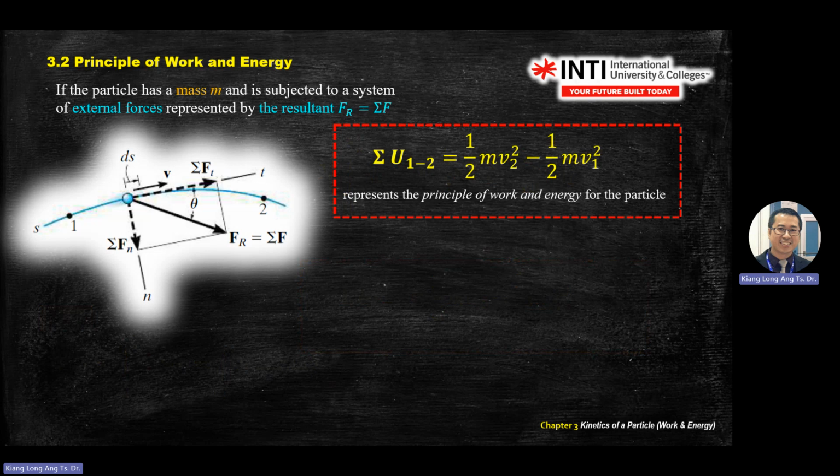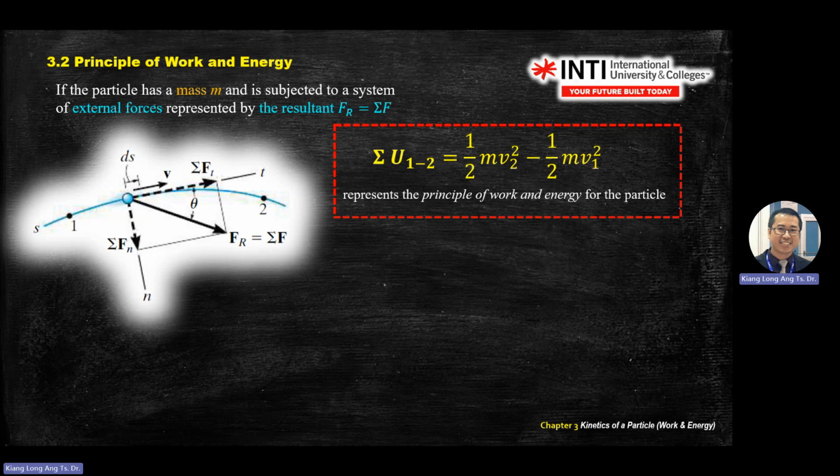When you need to use this formula: when the question asks you the distance traveled or the force given, and you need to find the velocity after something happened. Mass doesn't change, but velocity is the one that is missing.